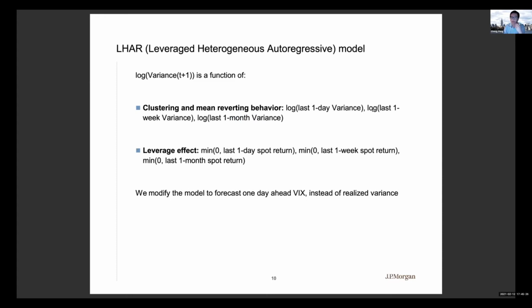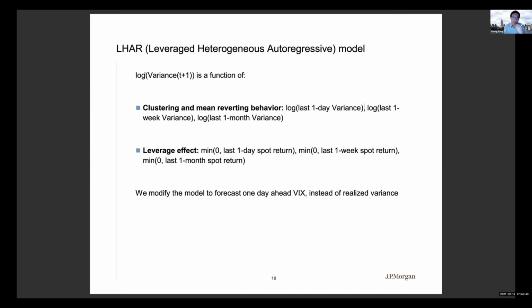historical realized variance. They're all measured using, let's say, 5-minute intraday returns. On top of that, for equities, we also add the leverage effect to account for the fact that on days of low equity returns, we have high volatility, and on days with high returns, we have low volatility.